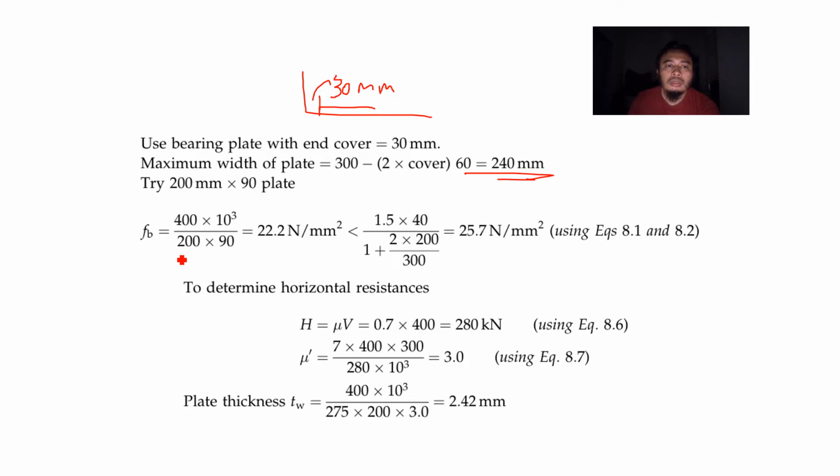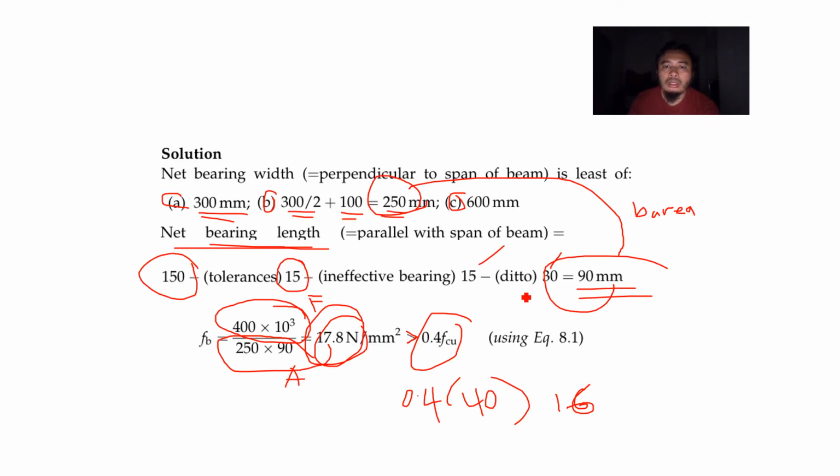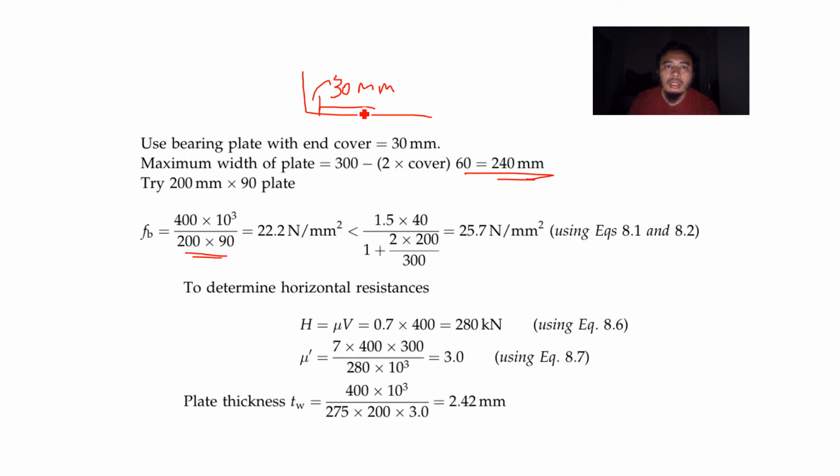You propose this size plate, 200 times 90. 90 is your bearing length, and the bearing width is larger. So this is the effective bearing length, this is the area of plate, and this is the force, your end reaction.